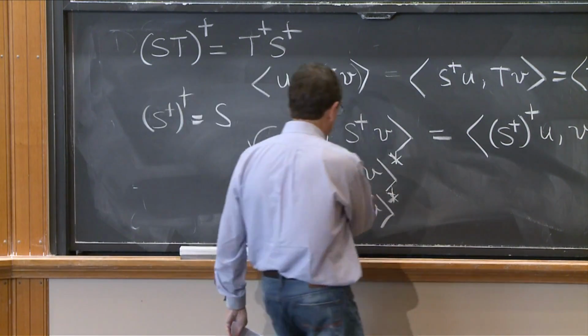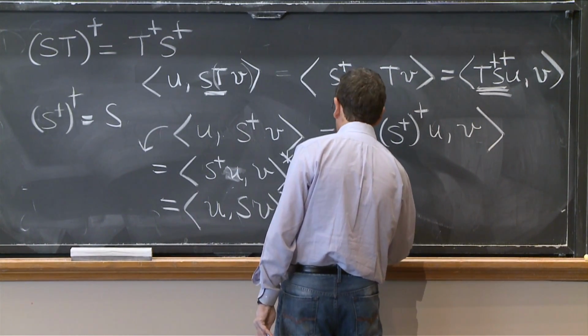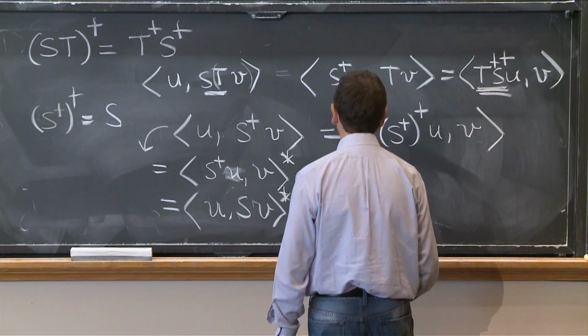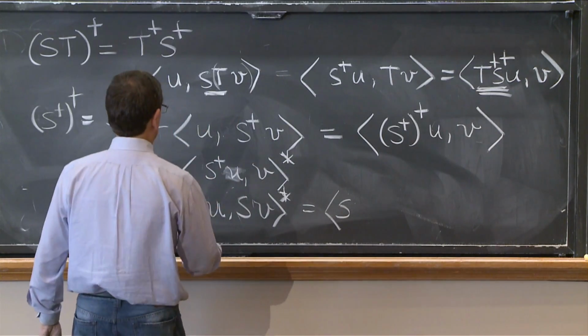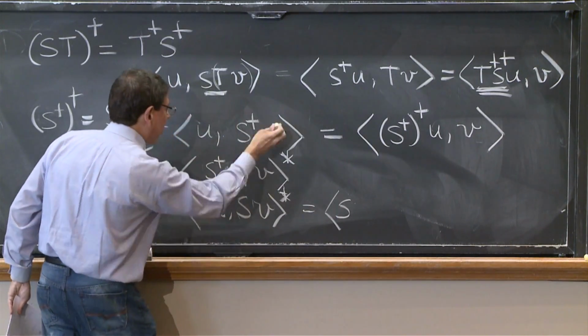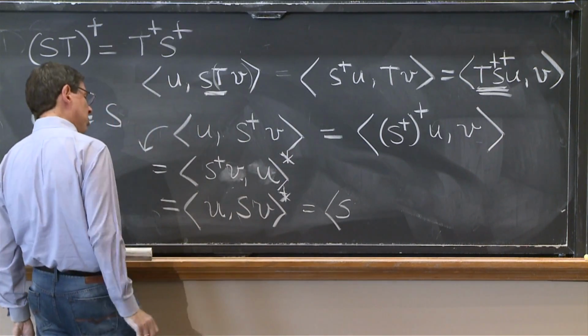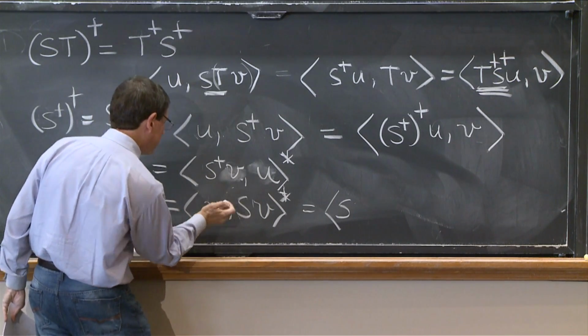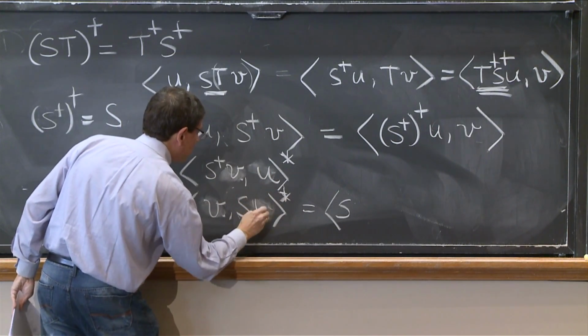And now reverse this by eliminating the star. I'm sorry, I have this notation completely wrong. The U's and V's are easily confused, so this is (SV, U).